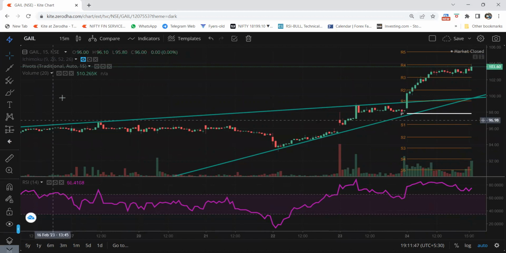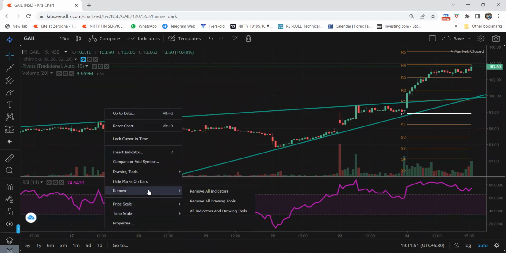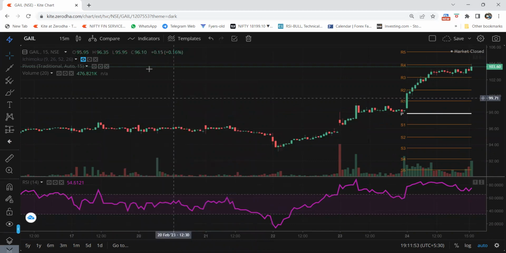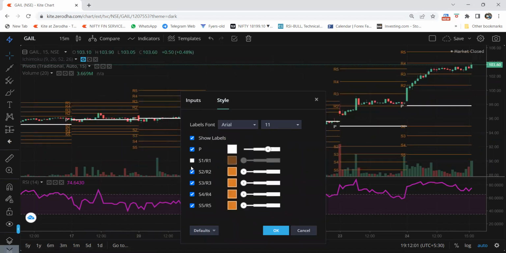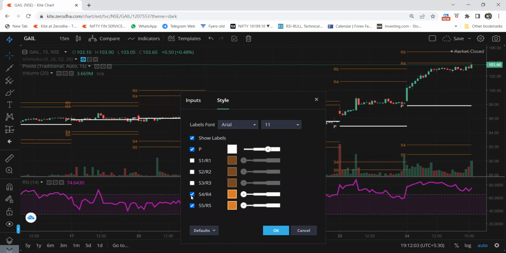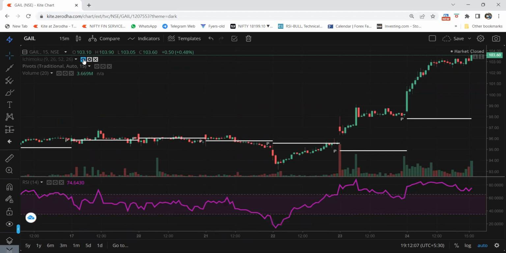In the same lines, let me remove everything I had drawn, and the additional pivot points. I'll enable the historical just for display purposes.